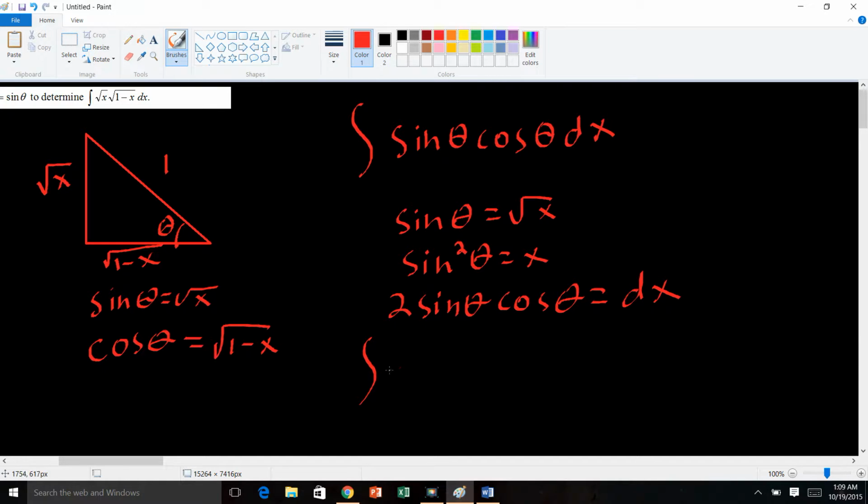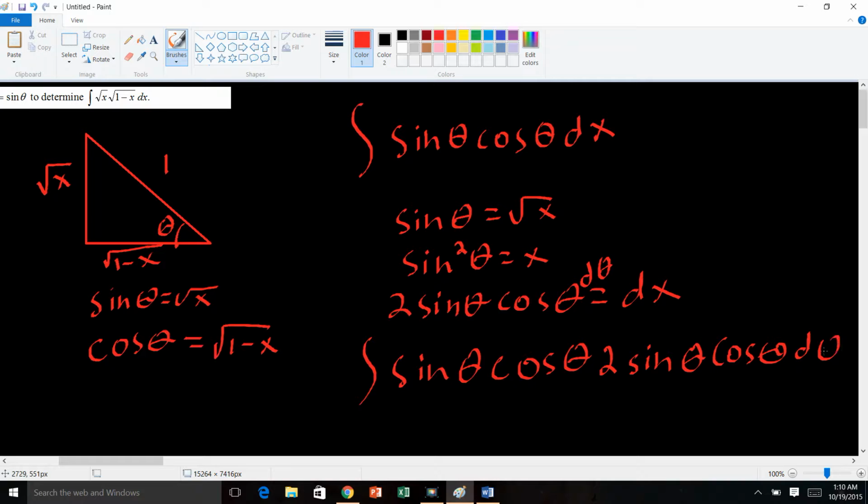Alright, so let's go ahead and fill everything in. We have the integral of sine theta cosine theta. There should be a d theta here. Then our dx is 2 sine theta cosine theta d theta.